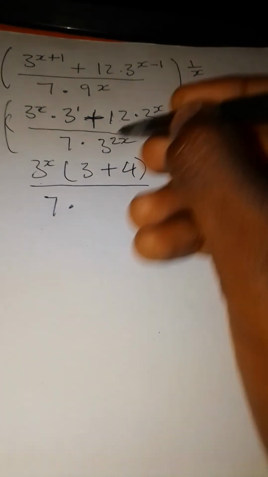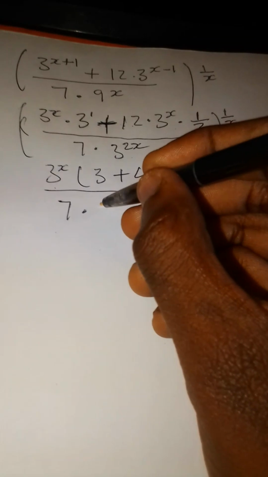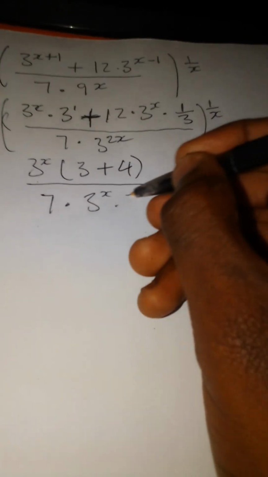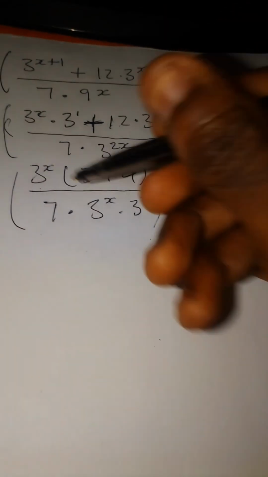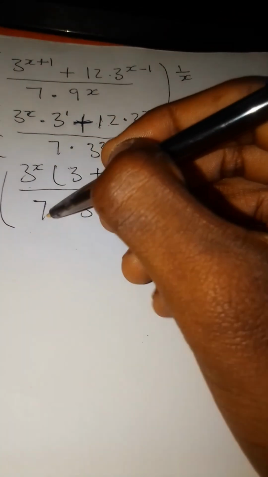Then I remain with 7 times, I expand this, 3 to the power of x times 3 to the power of x, all of this has an exponent of 1 over x. This is 7, and down is also 7, so they can cancel each other.